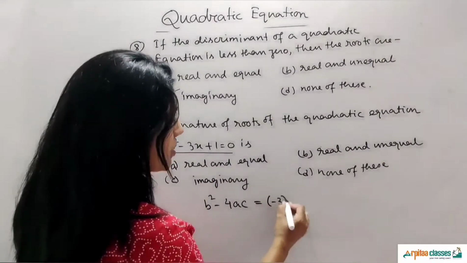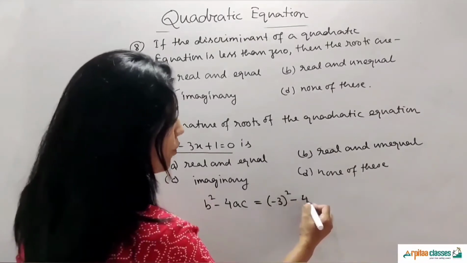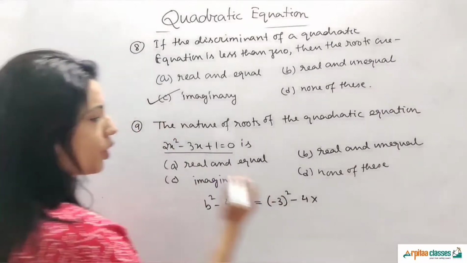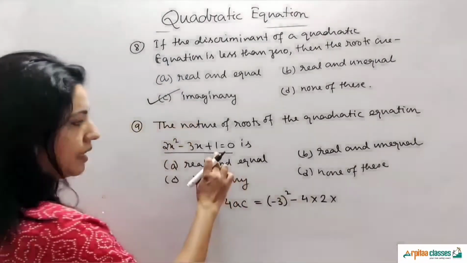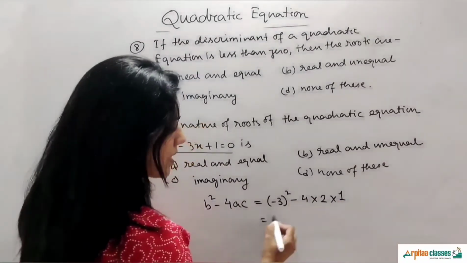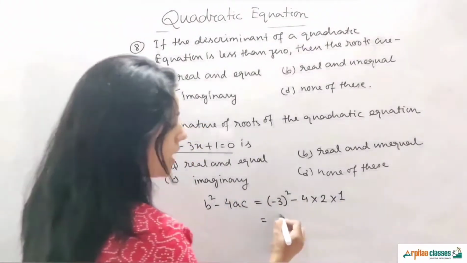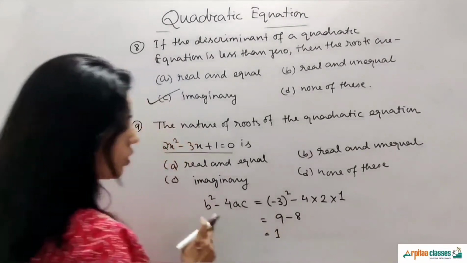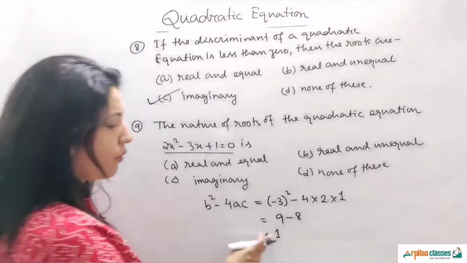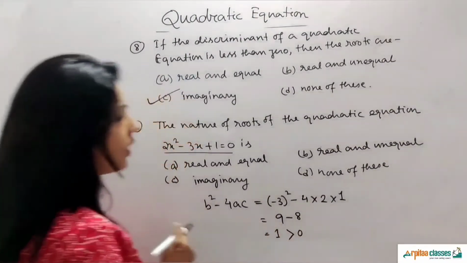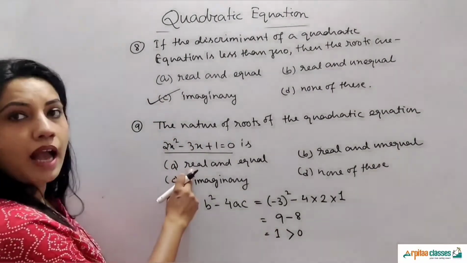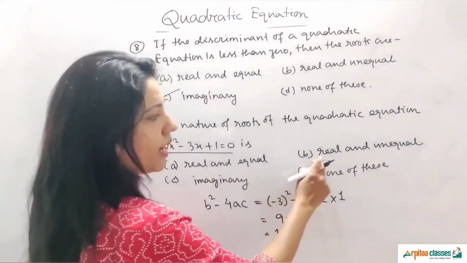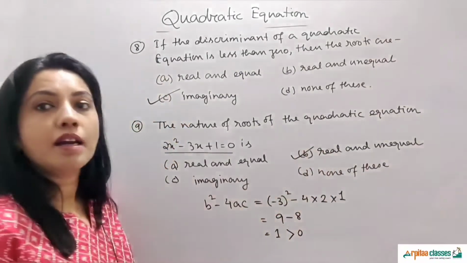So it's minus 3 square minus 4 into a, that's your 2, into c, that's your 1. So that's minus 3 square, which is 9, minus 4 into 2, 8. So it's coming 1. So b square minus 4ac is 1, which is greater than 0. That means the roots will be real and unequal. So B is the correct option.